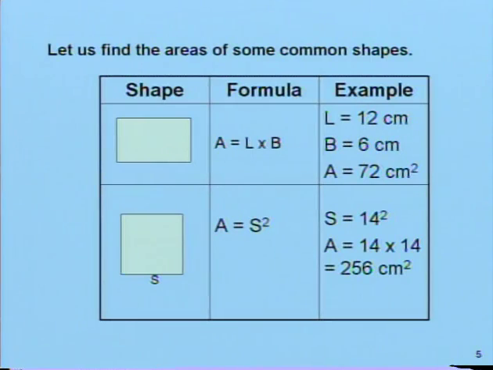S is 14, so the area is 14 multiplied by 14. And when that is multiplied, we'll end up with 256. And the unit would be centimeter squared. So the area of that square is equal to 256 centimeters squared.